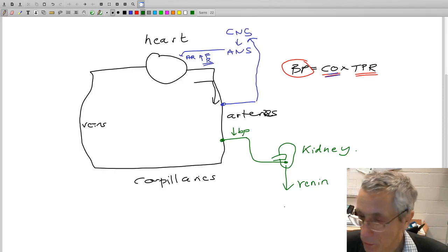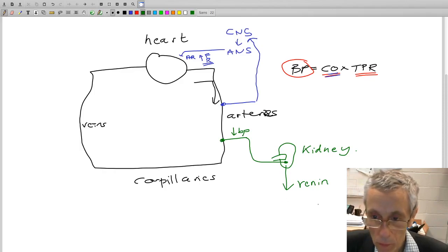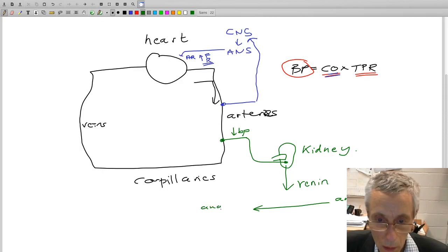Renin causes the conversion of angiotensinogen to angiotensin 1.